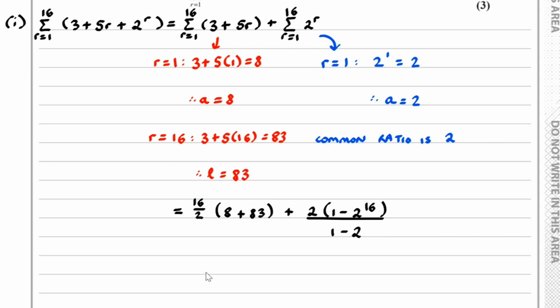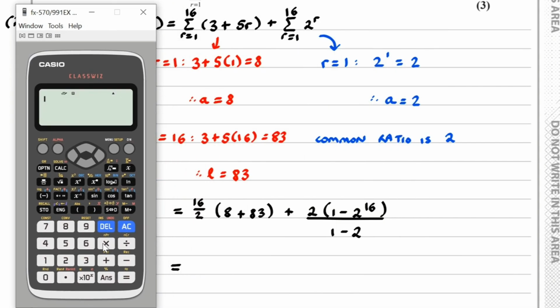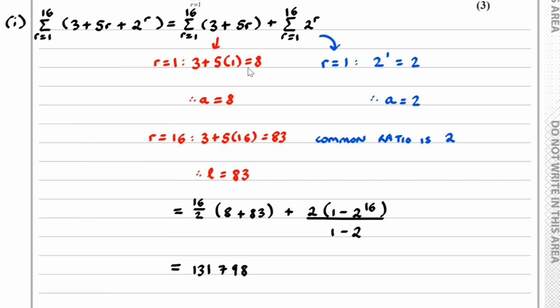And so if we work this out, we can use our calculator at this stage. We have 16 over 2 multiplied by 8 plus 83, and then we add on to this 2 multiplied by 1 minus 2 to the 16 divided by 1 minus 2. It turns out we get 131,798. And that's exactly what we wanted to show.